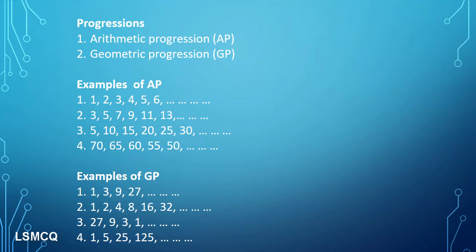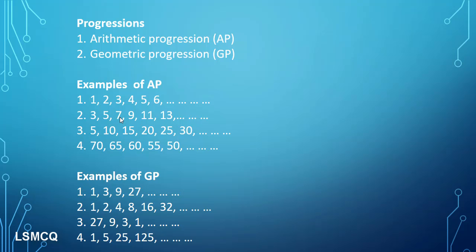Let's go for a second example. In the second example, the series starts at 3. To get the second number, if you see the difference, there's a difference of 2. So the second number 5 was generated by adding 2 to the very first term.